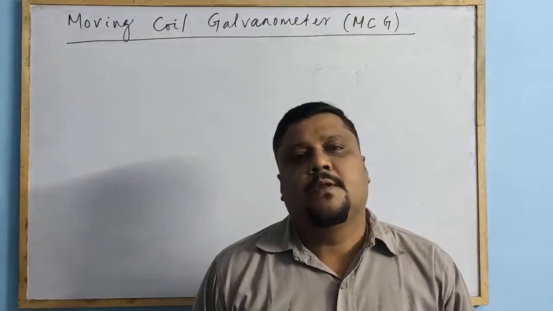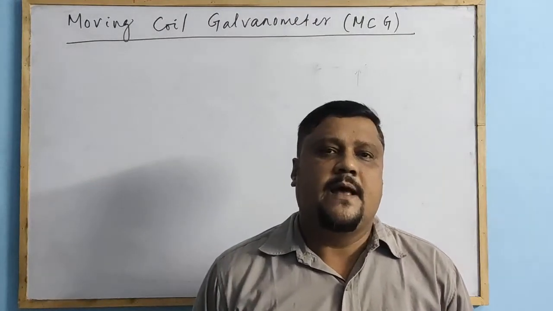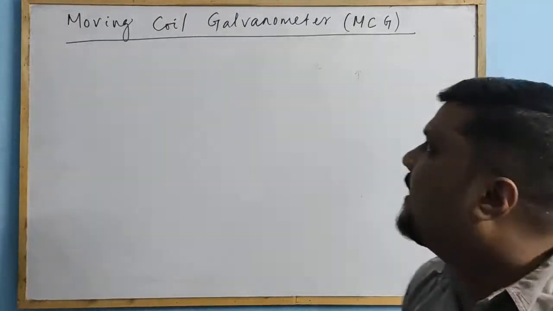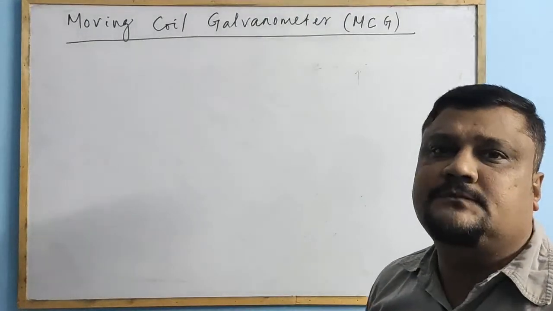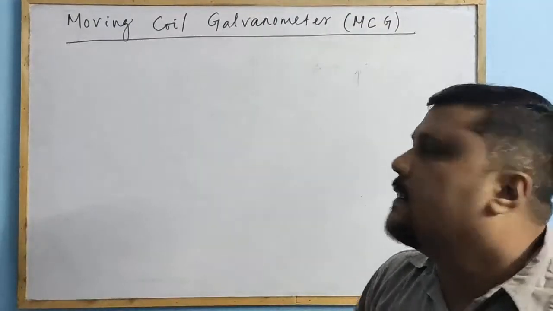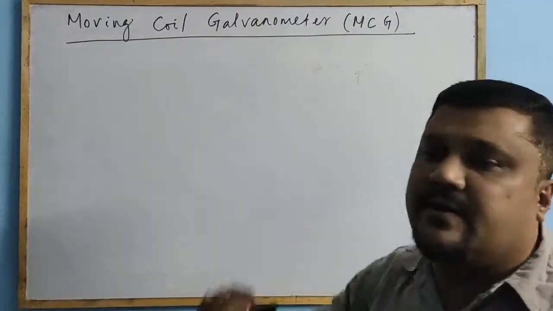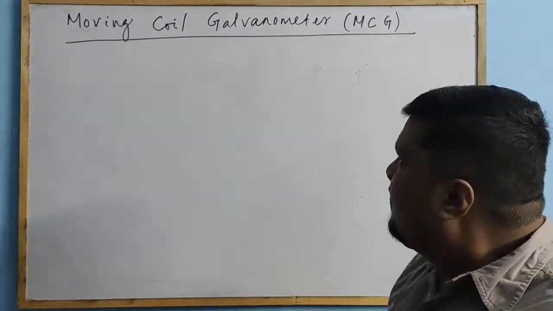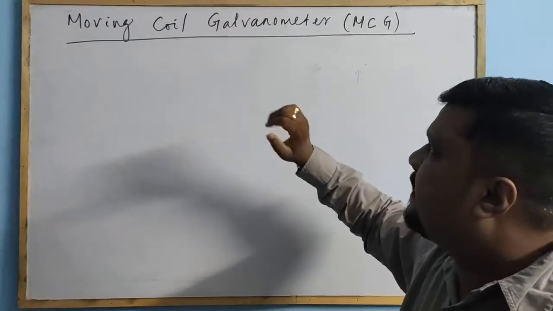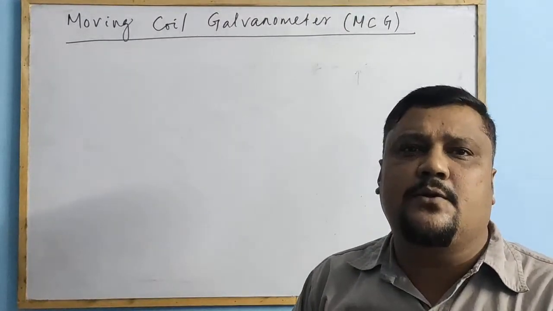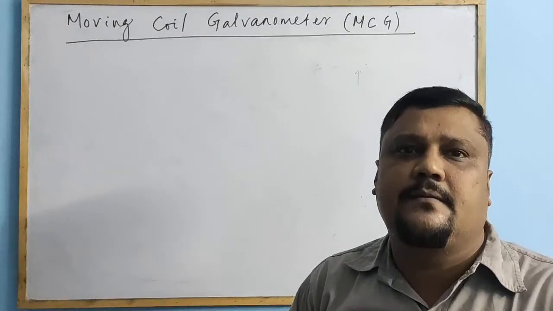Now we will discuss another topic, that is the moving coil galvanometer, also known in short as MCG. First we will discuss what the moving coil galvanometer does in an electric circuit.